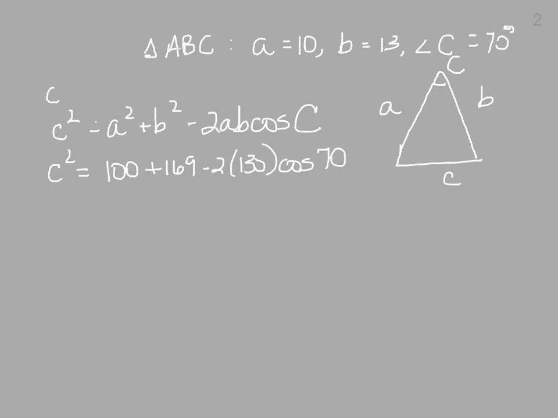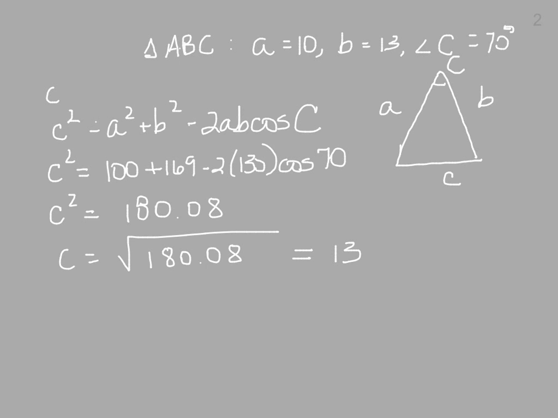Now we could substitute into your calculator and do cosine of 70 and find the 4 digits that we like to use, or you can just substitute the whole thing into your calculator. Once you add all that up, you're going to end up with about 180.08. And then you'll take the square root of this. We're going to round to one decimal place, so 13.4. And this gives us side C.